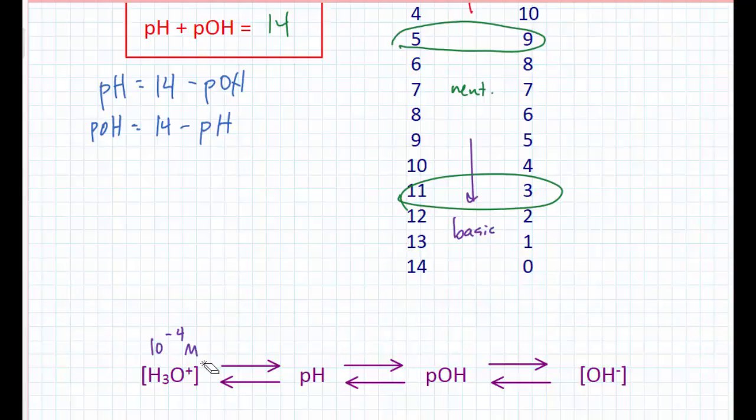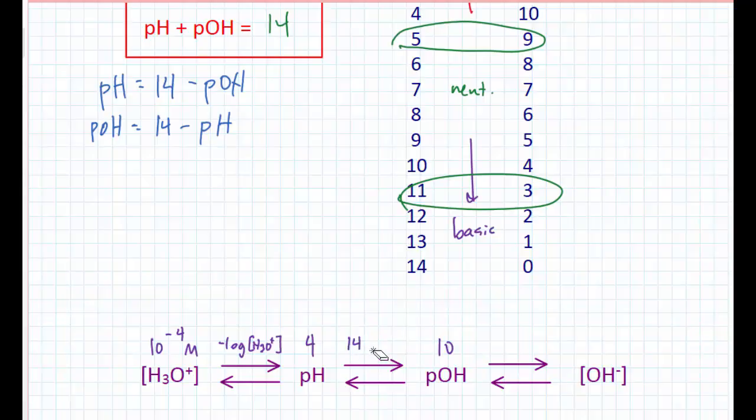If we do one with an exact concentration like that, you can do these calculations in your head. Okay? So if hydronium ion concentration is 10 to the negative 4, what would pH be? pH would be 4, because what we did was take the negative log of the hydronium ion concentration. That says what was the opposite of that exponent? 4. Okay? So here, pOH is 10, because what math did we do there?